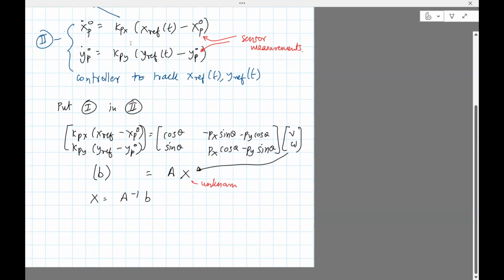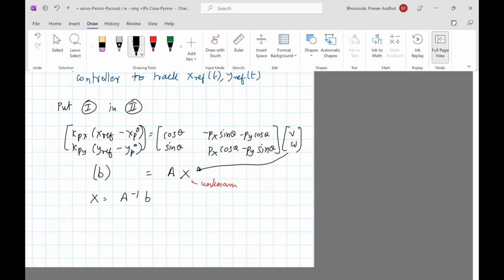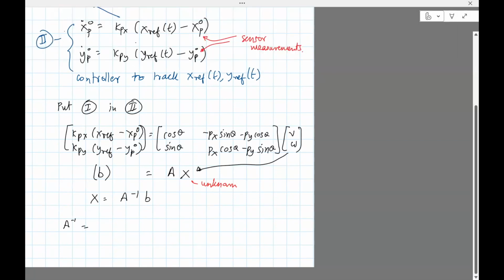Now it turns out for this 2x2 matrix, this inverse is easy to compute. You don't really need to do it numerically. You can do it symbolically. So I just have the expression for A inverse here. A inverse is actually row 1: cosine theta minus py divided by px sine theta, then sine theta plus py divided by px cosine theta.